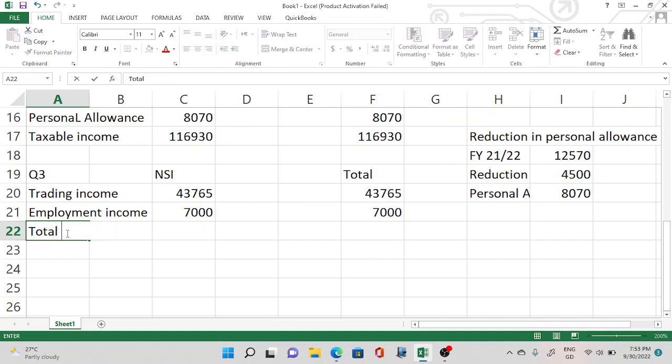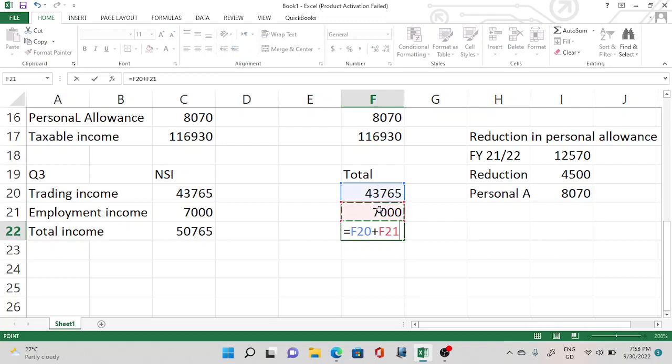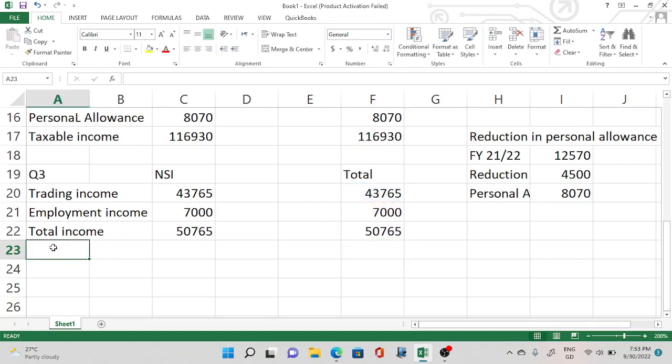So total income, it's not more than 1 lakh, so the personal allowance will be full, that is 12,570.